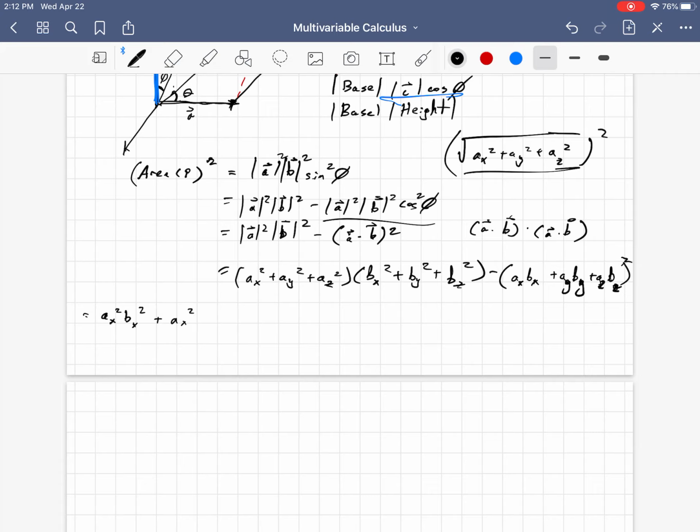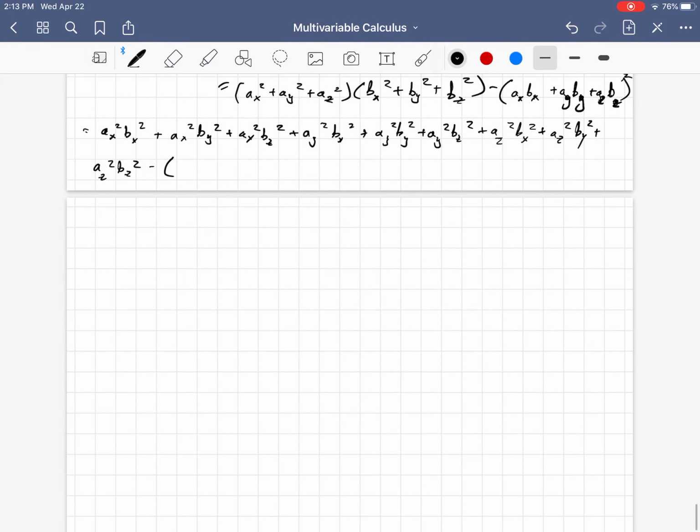So a sub x squared b sub x squared, plus a sub x squared b sub y squared, plus a sub x squared b sub z squared, plus a sub y squared b sub x squared, plus a sub y squared b sub y squared, plus a sub y squared b sub z squared, plus a sub z squared b sub x squared, plus a sub z squared b sub y squared, plus a sub z squared b sub z squared, minus, now I have to square all that. Okay, I'm going to do it though. I'm going to square it all.